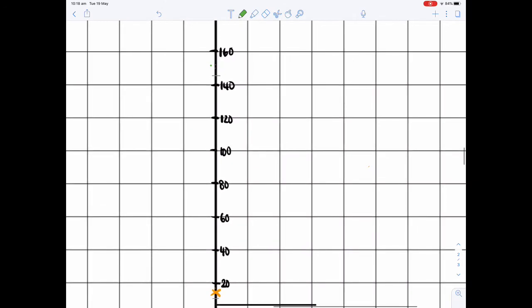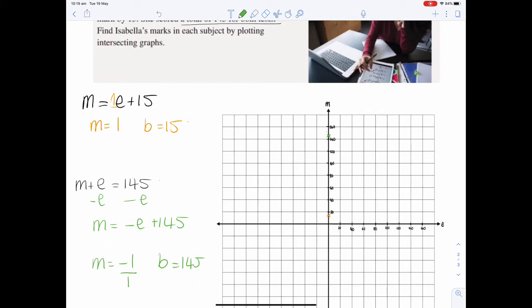Now instead of using the gradient, what I'm going to do is I'm going to substitute another point in. I'm going to say what happens when E equals 100. So M equals 100 plus 15, so it will equal 115.